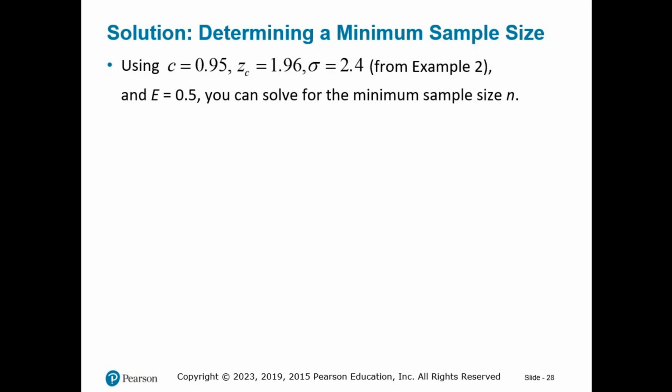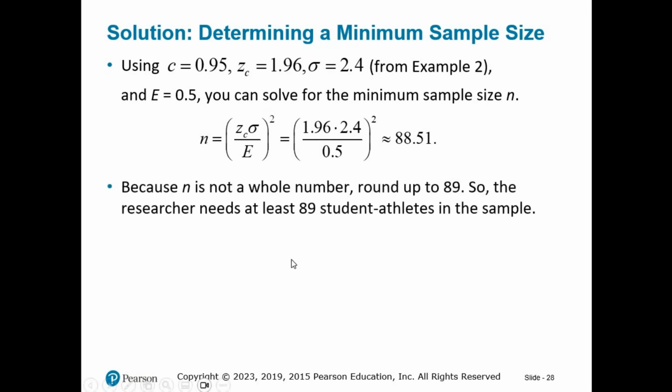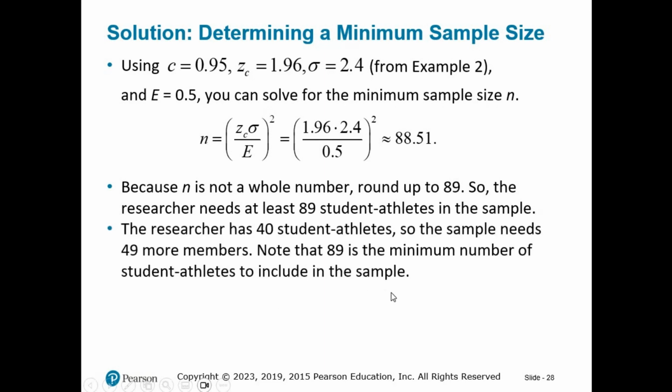So we plug these values into the formula, and we have 1.96 times 2.4 divided by 0.5, quantity squared, and we get about 88.51. Then, because our result is not a whole number, we round it up to 89. So the researcher needs at least 89 student athletes in the sample.